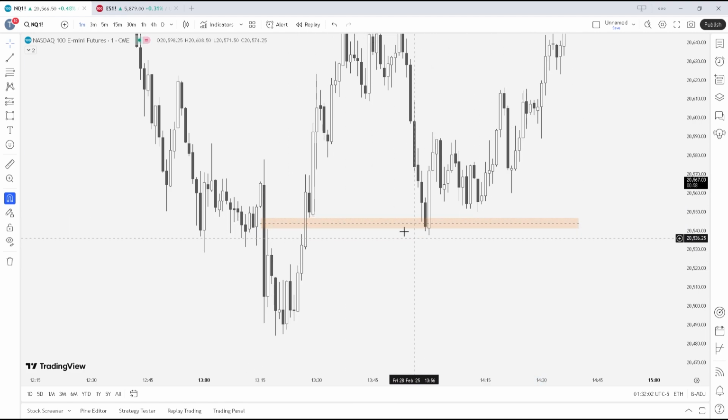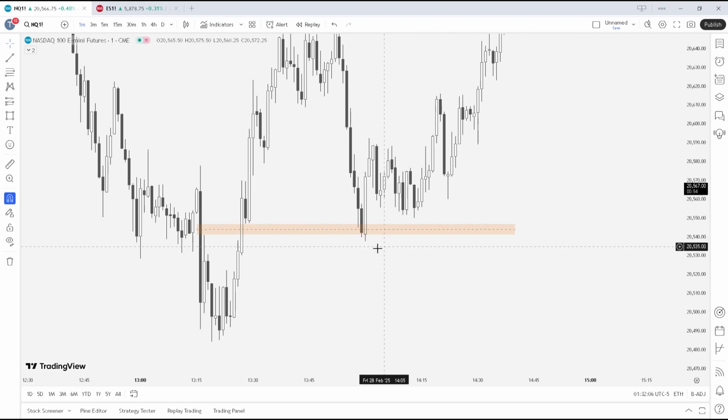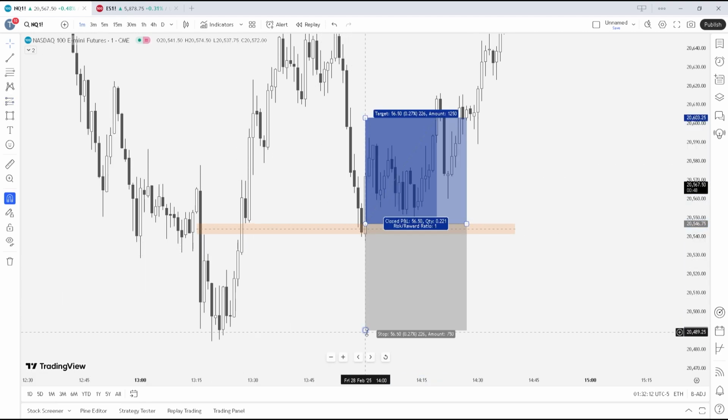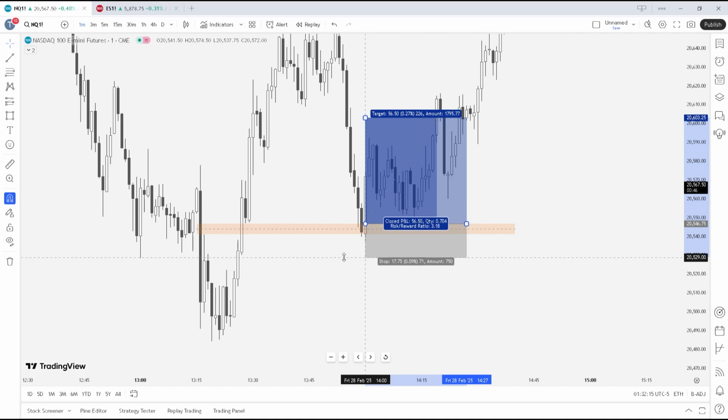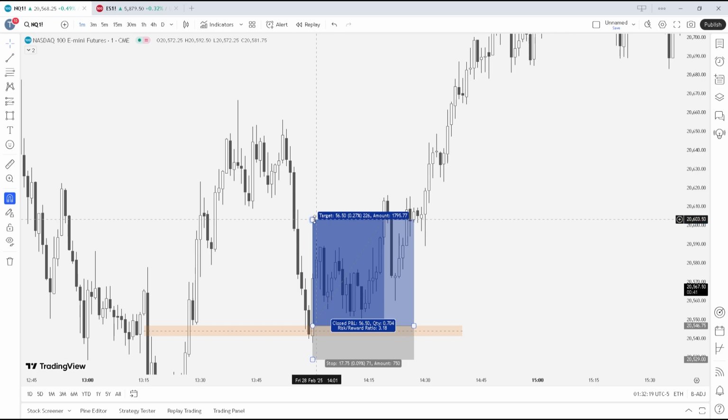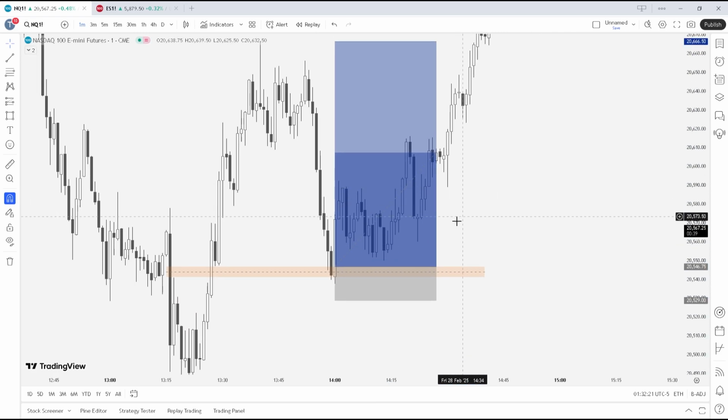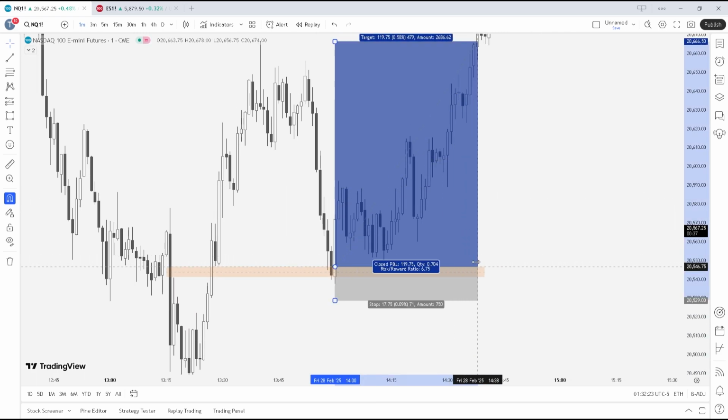And then you can see here we have a more refined area, and this area actually works as a BPR. So what you could do, you could take a trade directly off of it with your stop below the candle that created the BPR, and then just target buy side right here. Right, this would have played out.